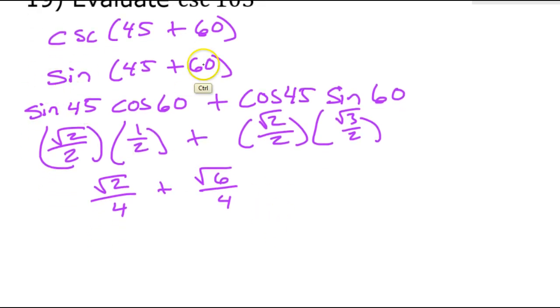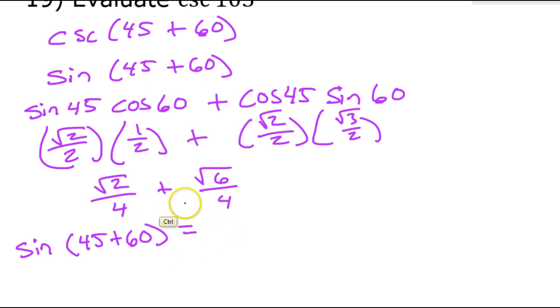Now remember, everything I've done so far has been sine. So far I know that sine of 45 plus 60 is equal to radical 2 plus radical 6 over 4.